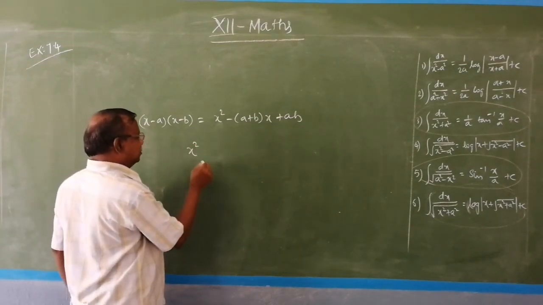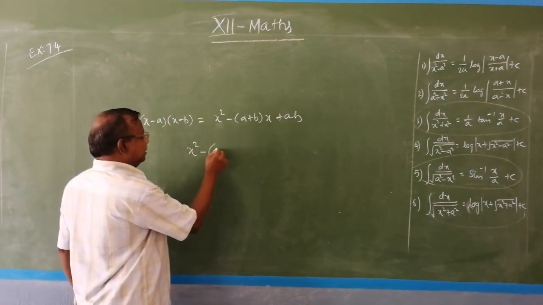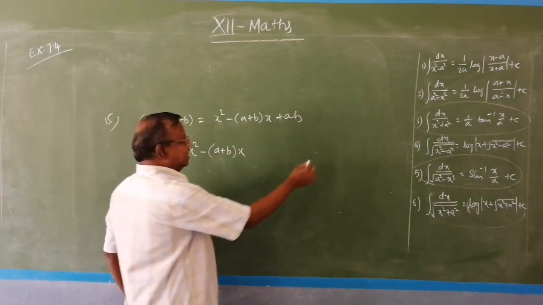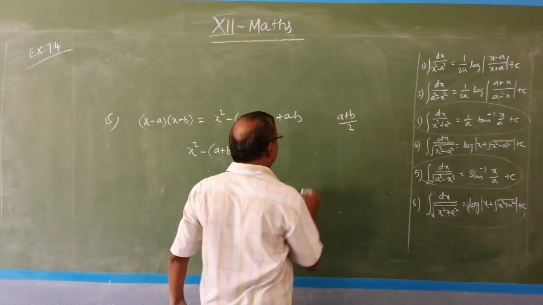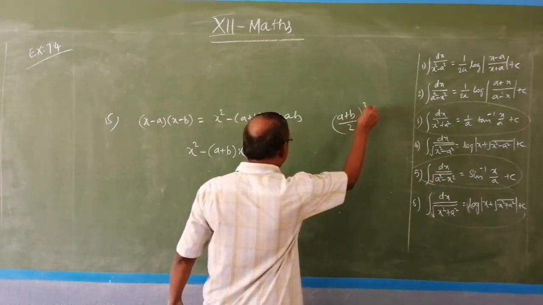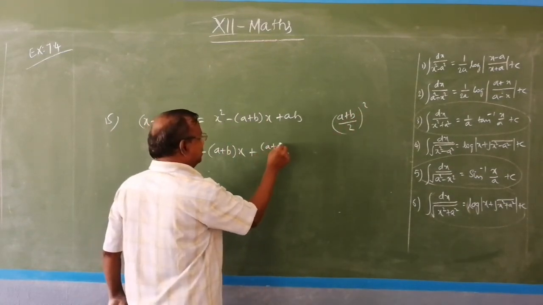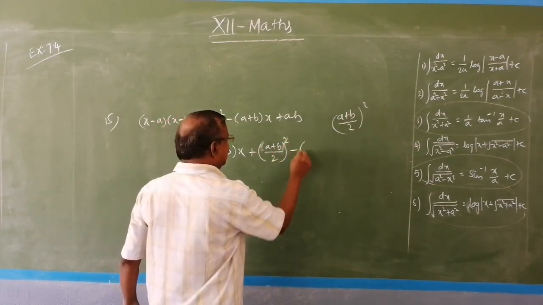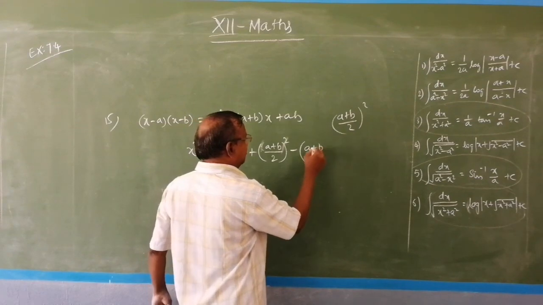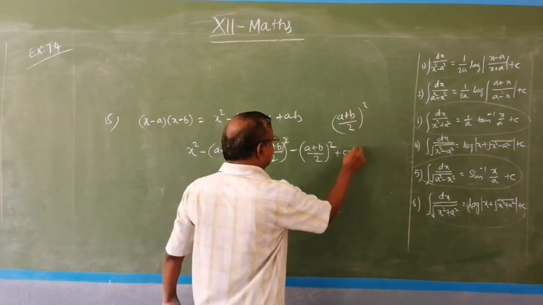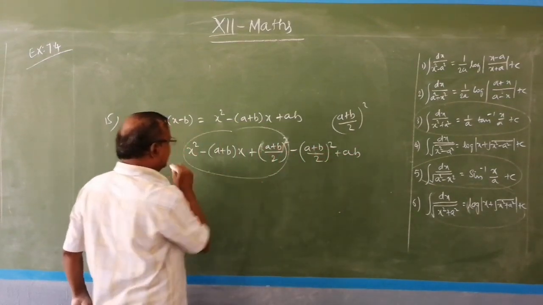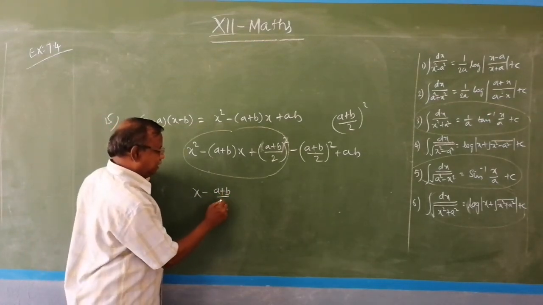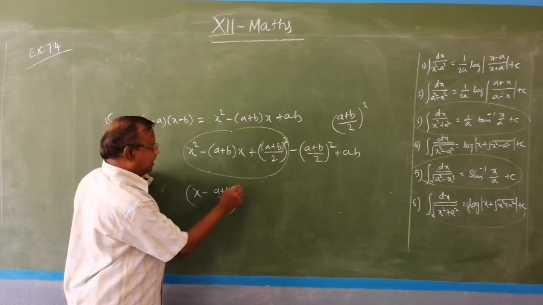Here also x square minus a plus b into x, the coefficient of x is a plus b, half of it is a plus b by 2, and squaring, the term is plus a plus b by 2 the whole square, minus subtract it a plus b by 2 the whole square plus ab. So this is nothing but x minus a plus b by 2 the whole square.